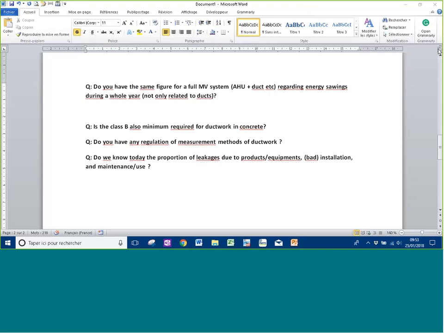If we are using flexible ducts, I see a lot of damage on those ducts out in reality. But it goes more and more that flexible ducts should only be used in small parts and at the end of the system between the duct system and the terminal device. Okay, thank you. I think we have to proceed to the next presentations.